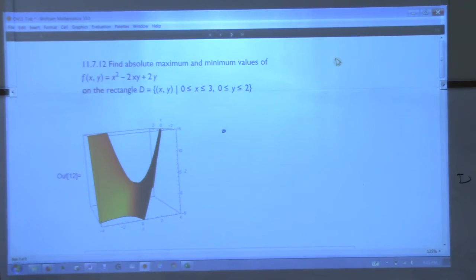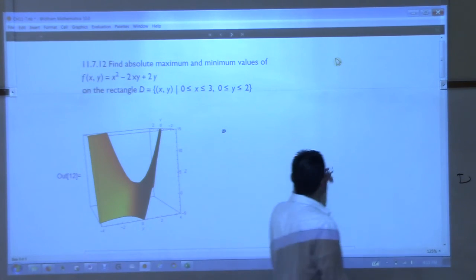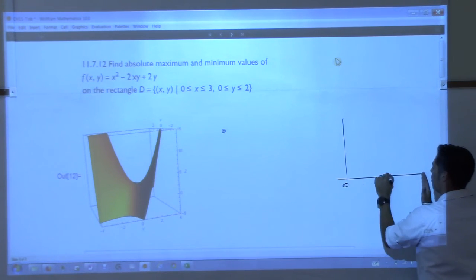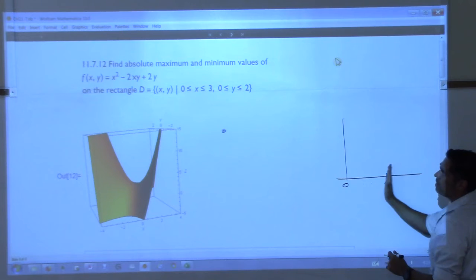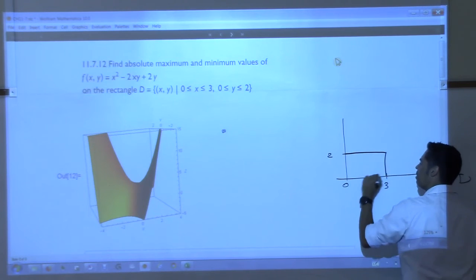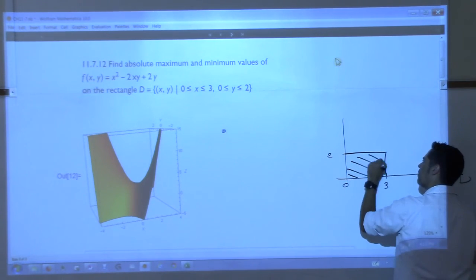So that is a rectangle. All points between here and here for x, and our y's between here and here. So that creates this closed bounded region.